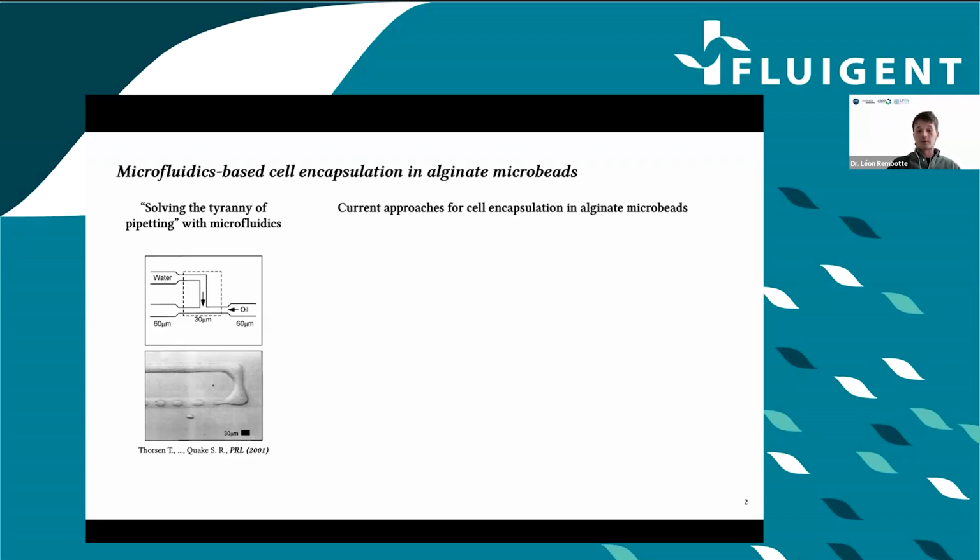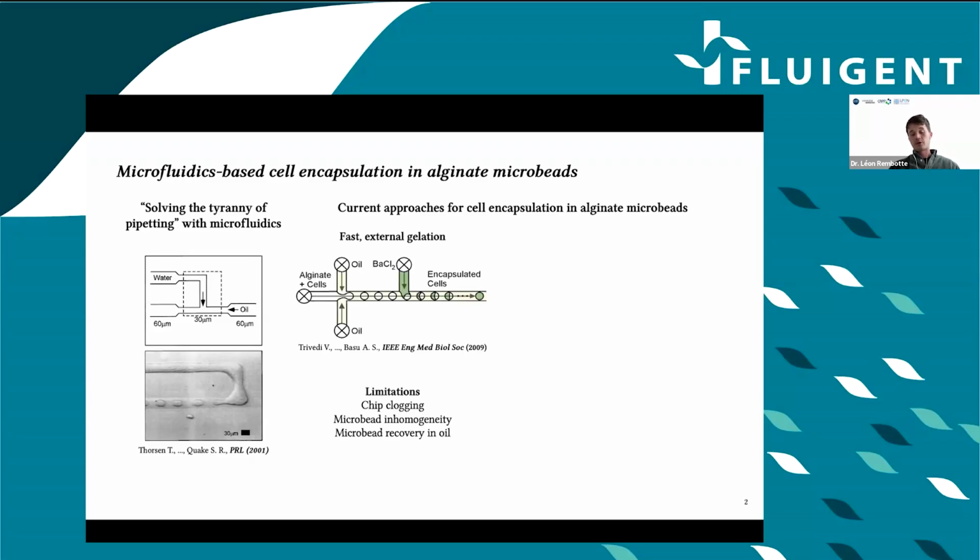There are two approaches to do this. Either we first form a single emulsion with alginate and cells inside oil, and we fuse these emulsions with other emulsions containing calcium or divalent cations, or we collect these simple emulsions into a bath of calcium. This is the simplest approach.